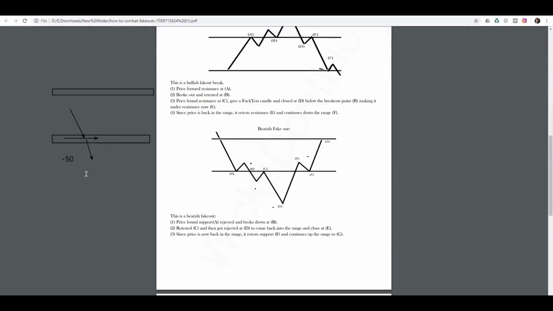I'm like, oh shit, man, negative $50 drawdown. Okay, hope it comes back to my range and continues to go my way. So I'm waiting now. I've removed my stop loss. I'm waiting, and then the price continues down and takes me into a deeper drawdown of negative $100. And now I'm really sweating.